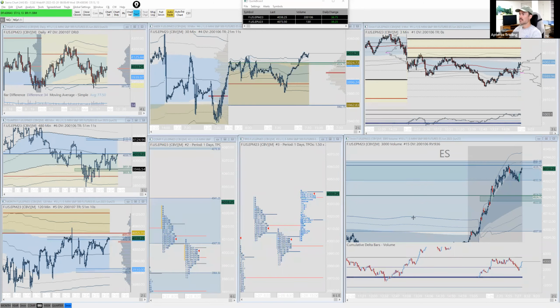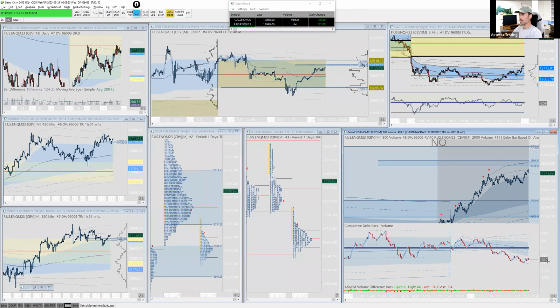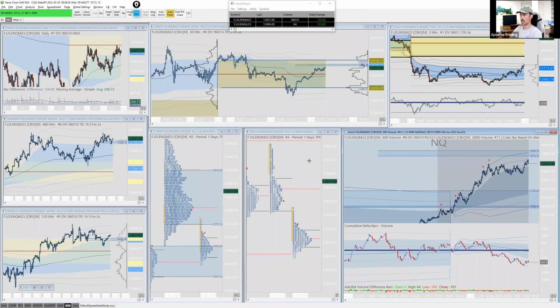One thing that's interesting in NASDAQ is the order flow right now. We're seeing what we talked about the other day, this extreme dislocation.